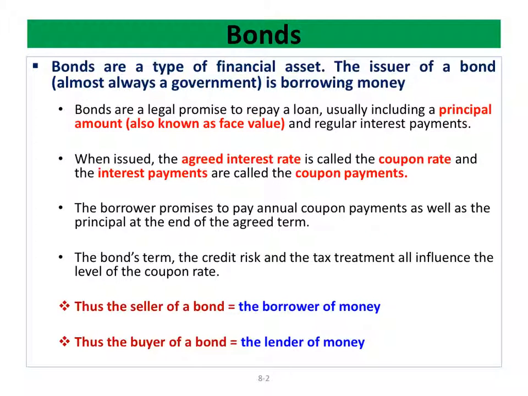The return on the bond is the interest rate or the coupon payments. In a nutshell, the seller of a bond is the borrower of money, and the buyer of the bond is the lender.